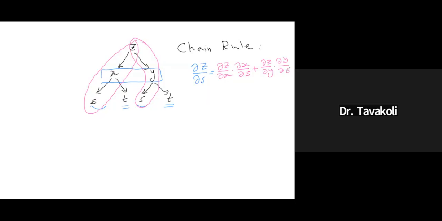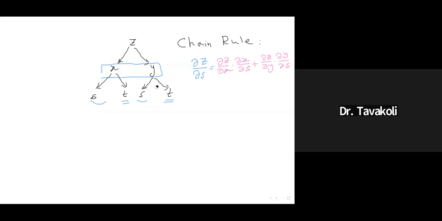Likewise, if I want to find partial derivative of z with respect to t, I should follow the paths that reach t. So let me erase these two. Now I want to get to t through x. The path that goes to t is this path.